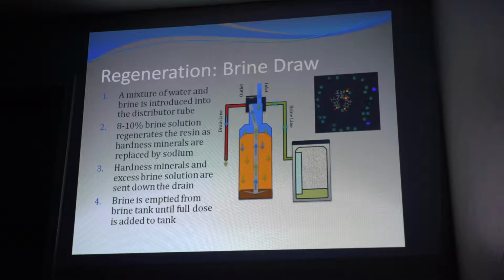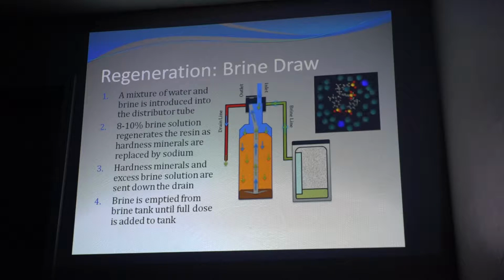Tom mentions, okay, 2 regenerations back to back. Why? For that reason. You can increase your salt amount. You can add more water to a brine tank and increase your salt amount to get more of the calcium down the drain. Ultimately, by adding more water to your brine tank, you're increasing the length of your brine draw, increasing the length of time that it sees a higher concentration of salt.